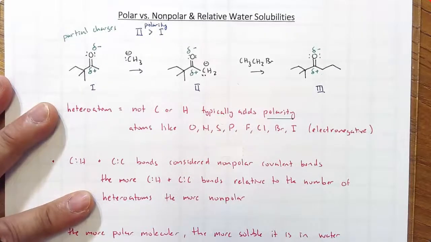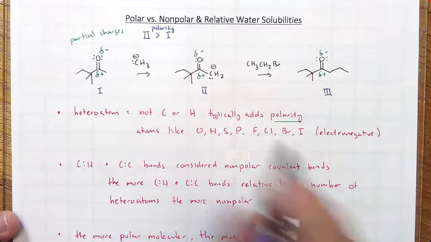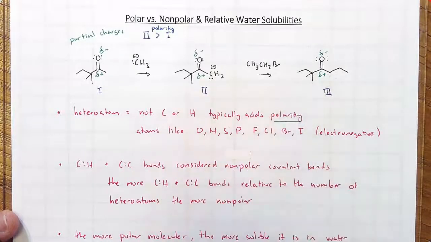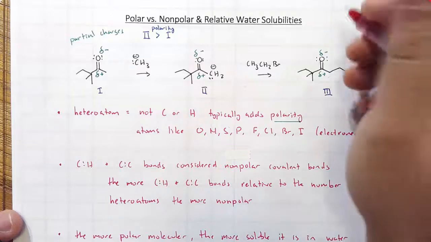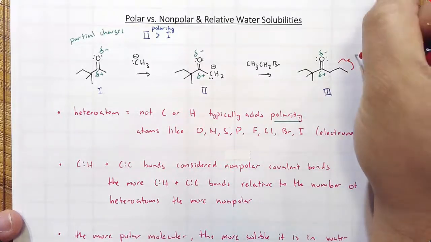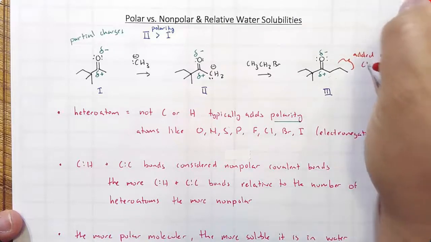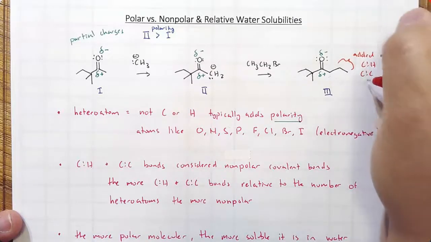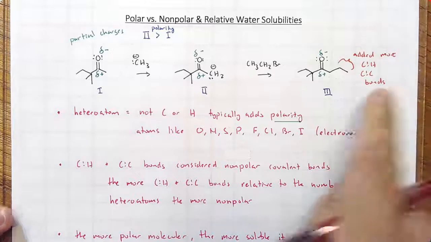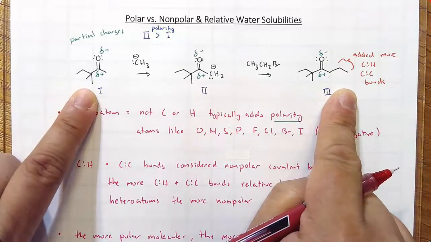Let's take a look at compound number 3. We have that bond dipole. We no longer have the C minus, but look, we added more carbons. We added more carbon-hydrogen bonds and carbon-carbon bonds, thus decreasing its polarity compared to 1.